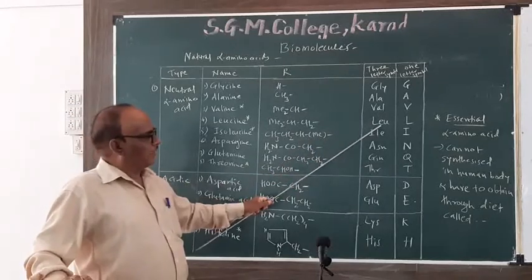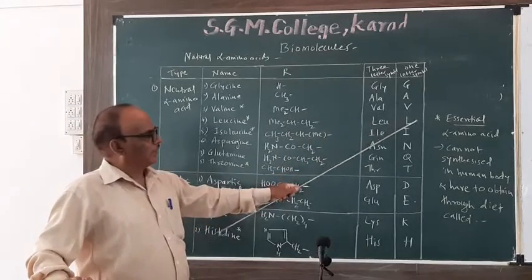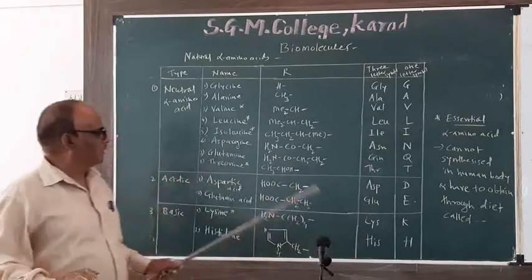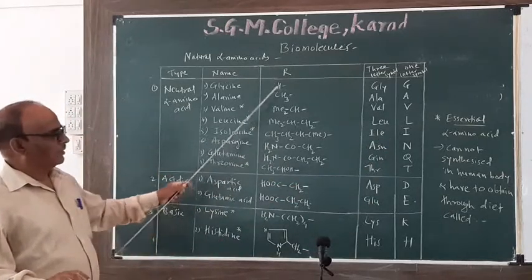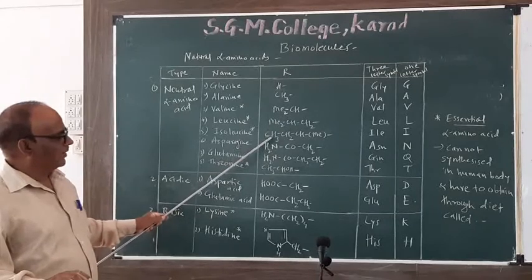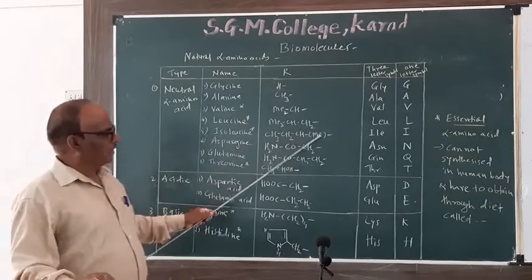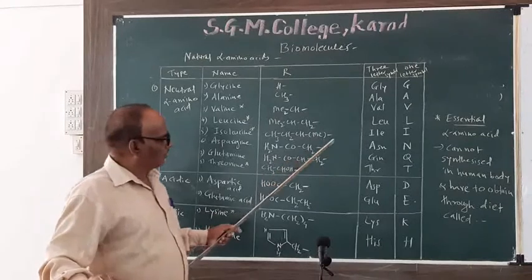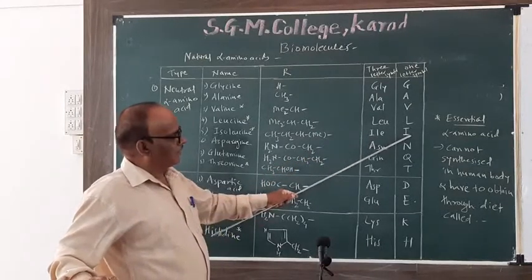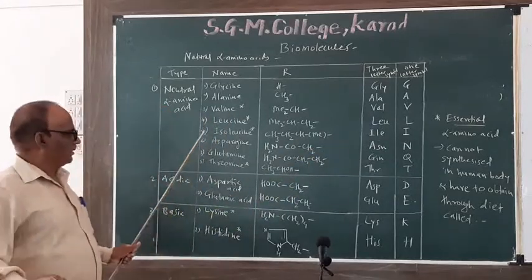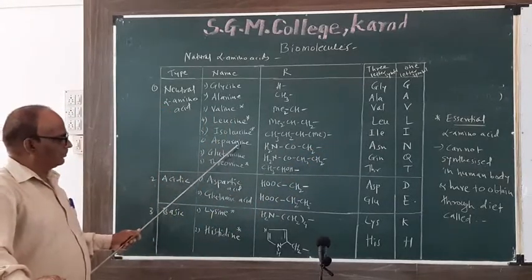First three letters are L, E, U, and one letter is capital L. Next example, isoleucine. In isoleucine, R means CH3, CH2, CH, Me, where Me means methyl group. Then the three letter symbol is I, L, E, and the one letter is I.